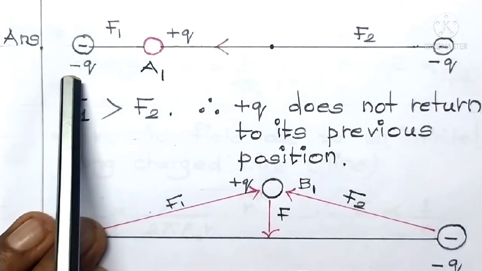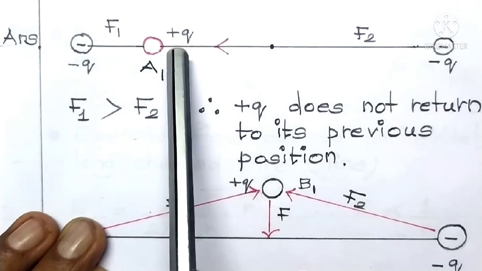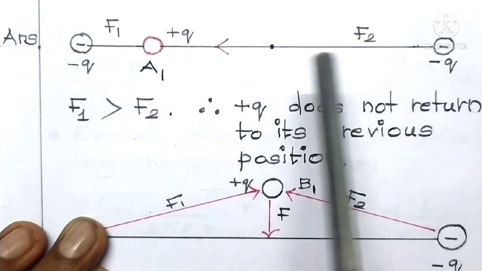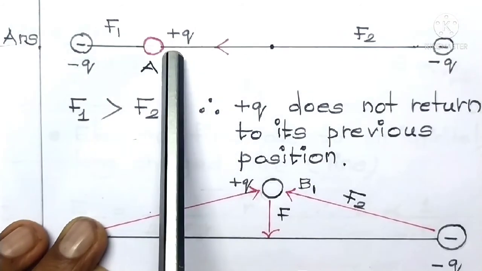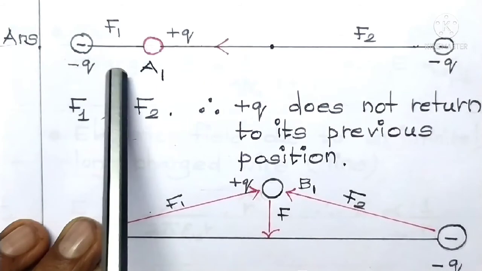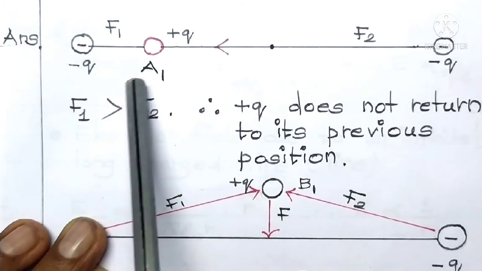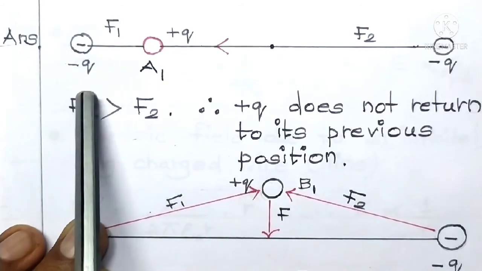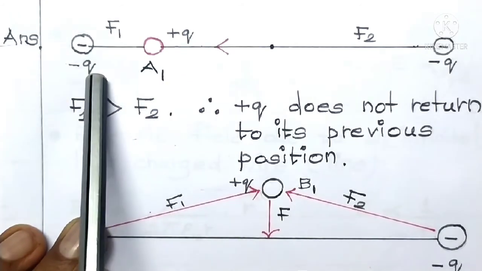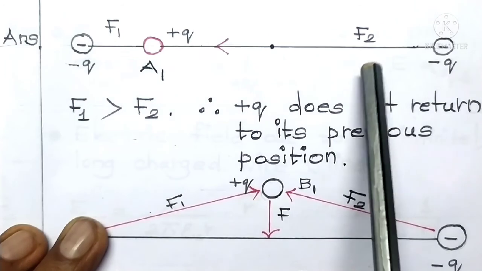So, this negative charge attracts this positive charge. Similarly, the other negative charge attracts this positive charge. But in this case, the distance is very less, so the attractive force will be more. That means the force F1 is greater than the force F2.